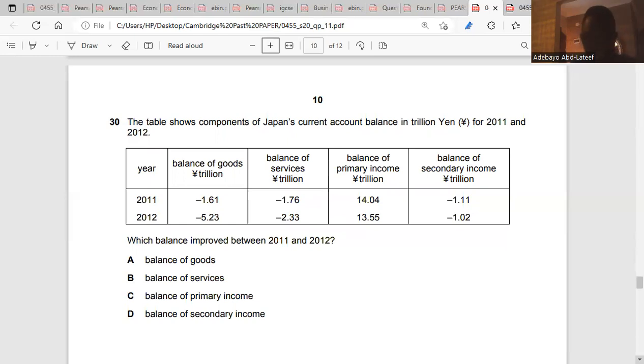That's a deficit. The balance of services fell from negative 1 to negative 2. That's a deficit. The balance of primary income was 14 and fell to 13. That's negative. But the balance of secondary income went from negative 1.11 to negative 1.02. So that's an improvement. Do you get it? So the answer is D.